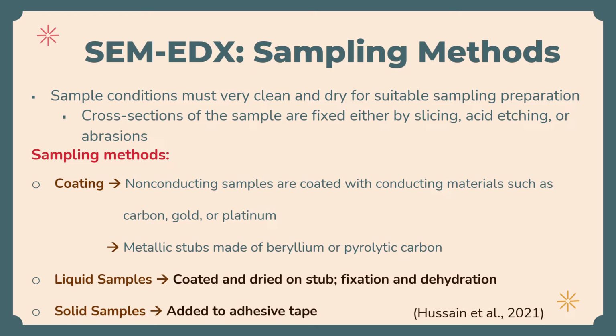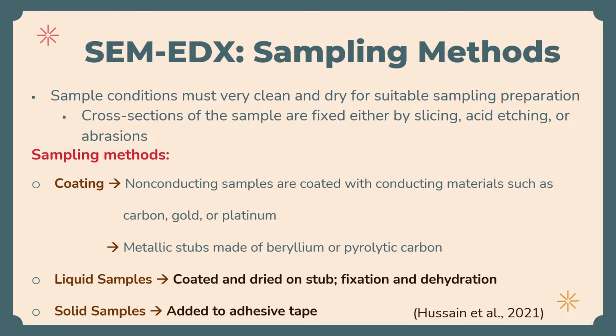Cross sections of the sample are then fixed by slicing, acid etching, or abrasions. Sampling methods can range between the different types of samples, whether it is a solid, liquid, or its surface has conducting properties. For non-conducting samples, its surface needs to be coated with a conducting material such as carbon, gold, or platinum.